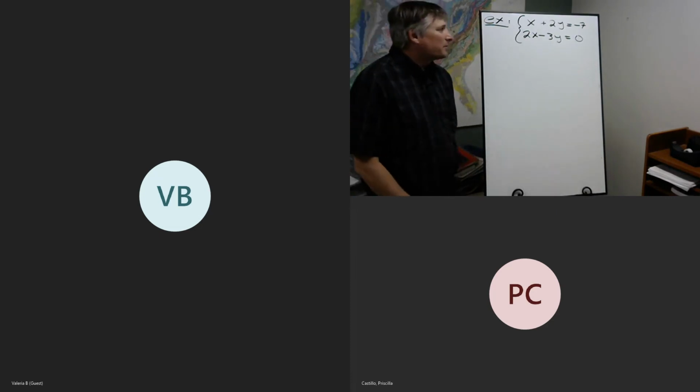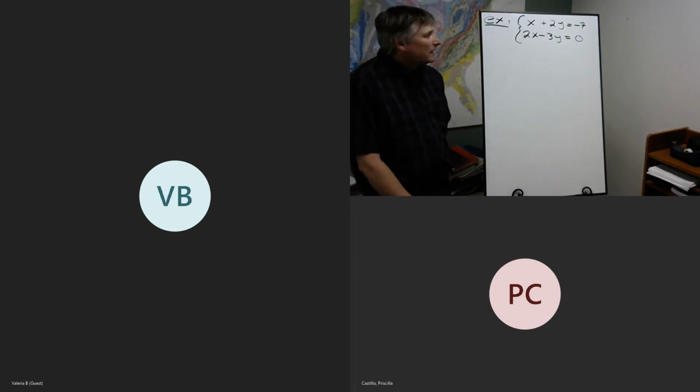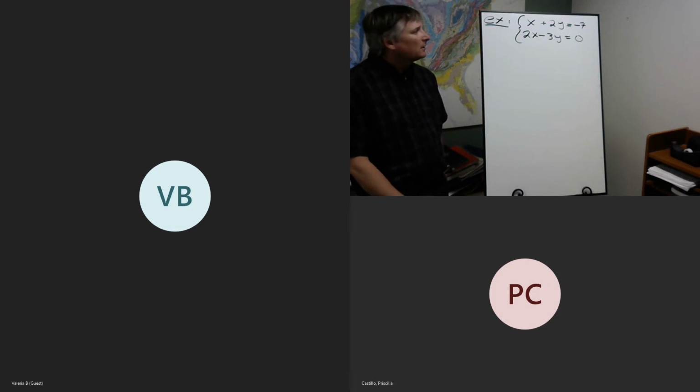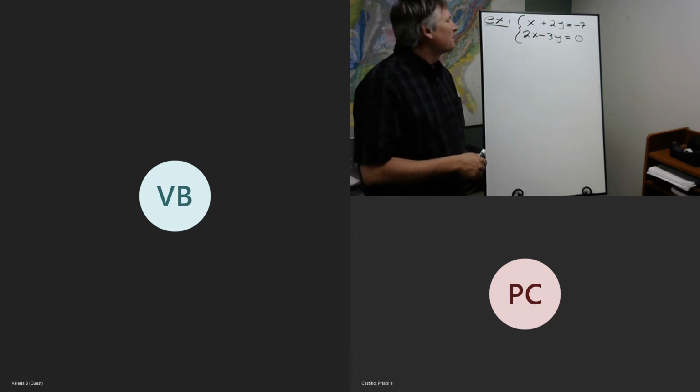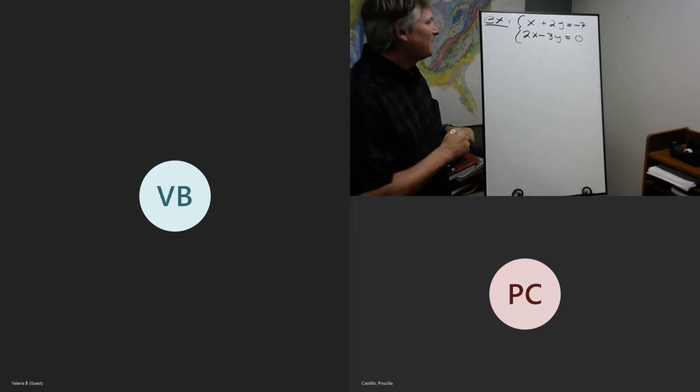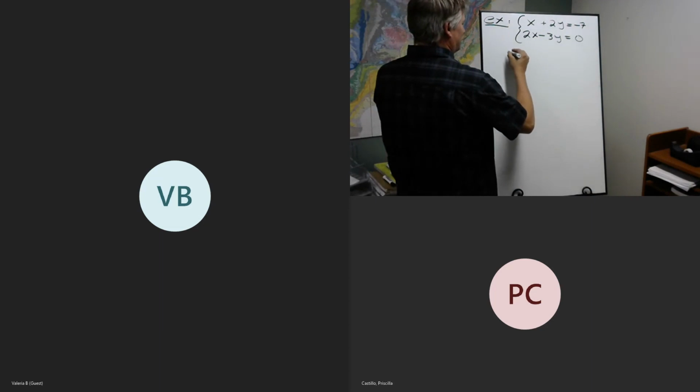Now I solved for the equations earlier, and we got y equals negative 1/2 x minus 7 halves. Let me see that. I might have forgotten my negative there.